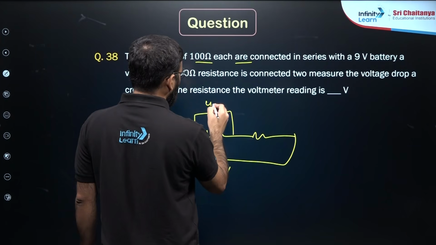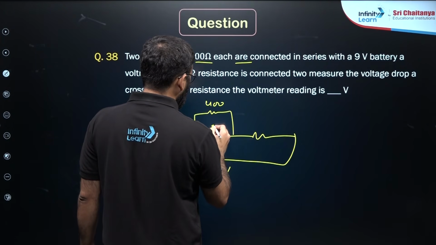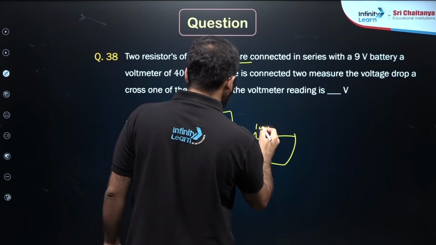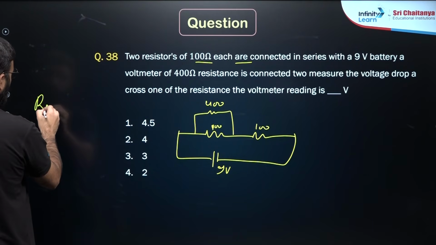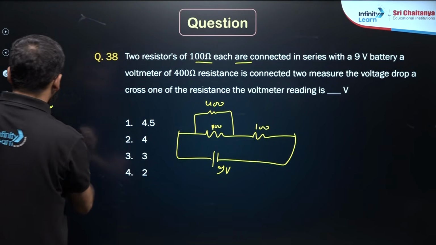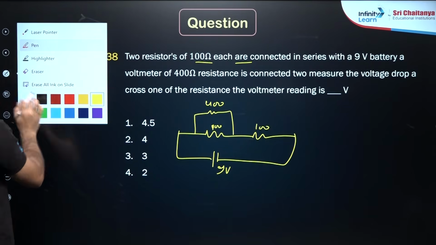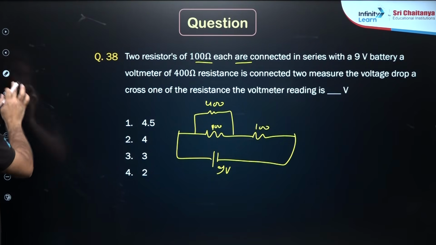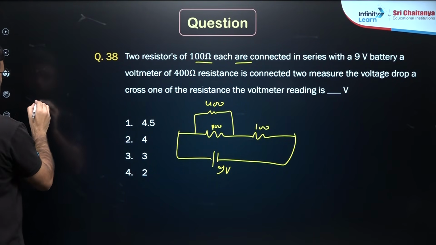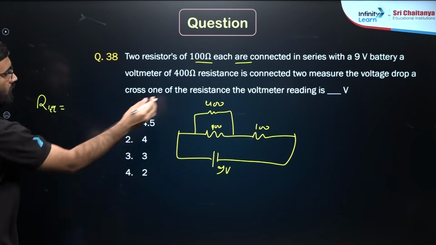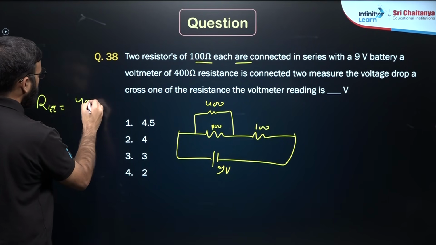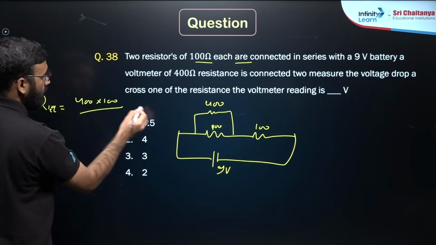So 400, 100, 100. So beta, first you can find my R equivalent. R equivalent you can find for the first two, R1 equivalent, that is 400 into 100 divided by 500.